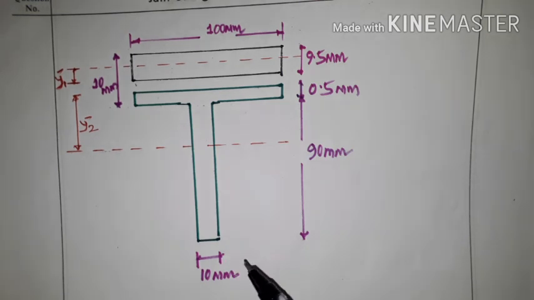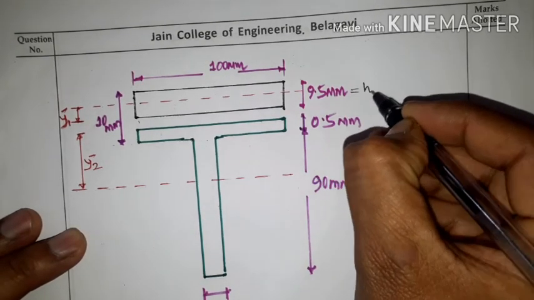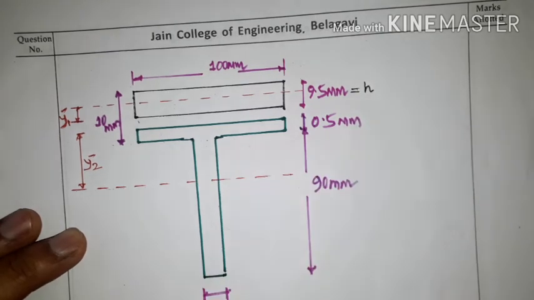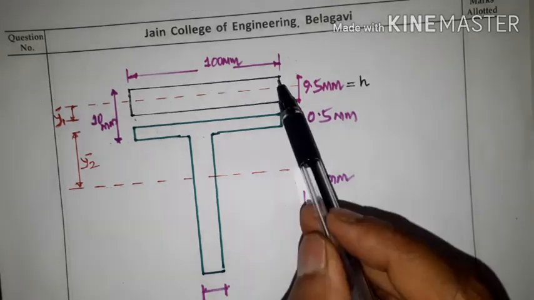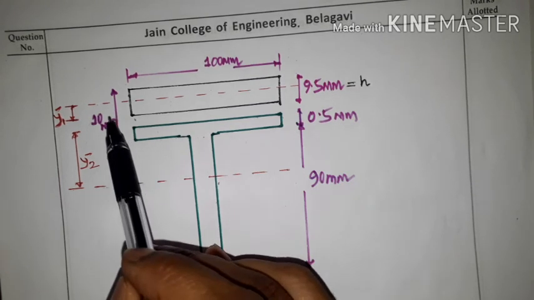Because we have got h is equal to 9.5 mm, we have got the location of equal area axis from the top edge of the flange, that is 9.5 mm. So the total thickness of flange is 10 mm, but it has been divided now.